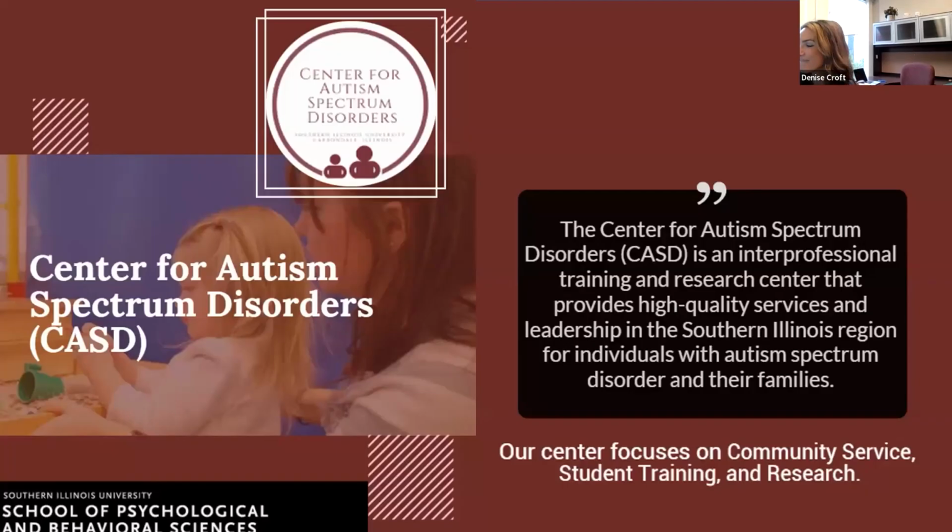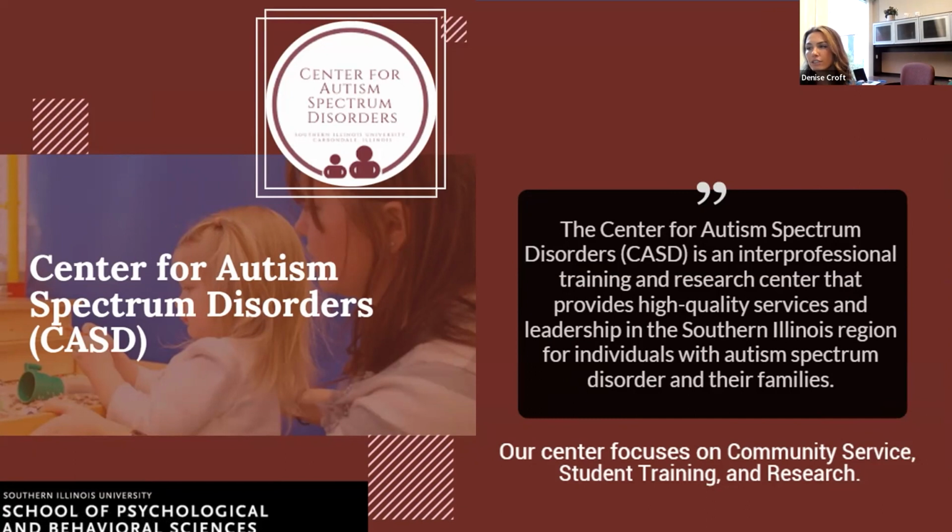Shannon talked about this a little bit. We're going to back it up just a little bit and talk about our center, just in order to provide some context to the dynamics involved in our procedures and our approach to collaboration. So we are the Center for Autism Spectrum Disorders, or CASD, at Southern Illinois University, Carbondale.